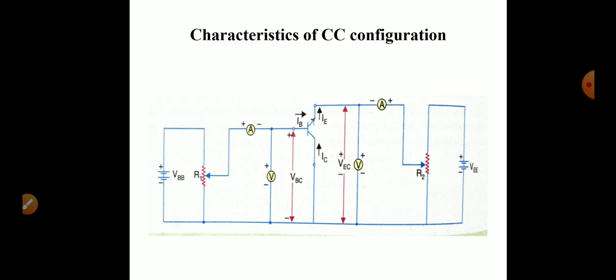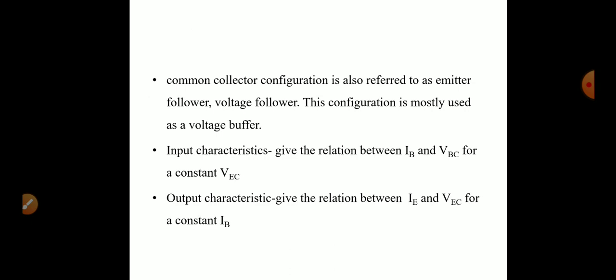And to measure output current, an ammeter is connected between the output rheostat and emitter terminal, and to measure the output voltage, a voltmeter is connected in parallel with the emitter collector terminals. Common collector configuration is also referred to as emitter follower or voltage follower. This configuration is mostly used as a voltage buffer.